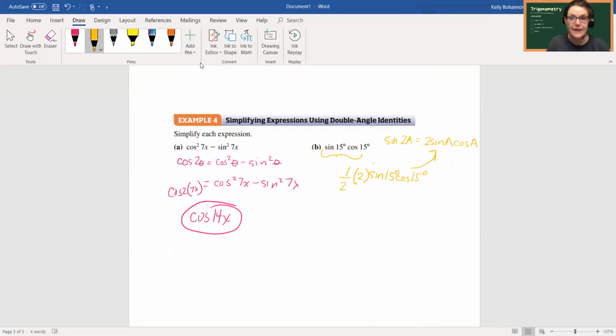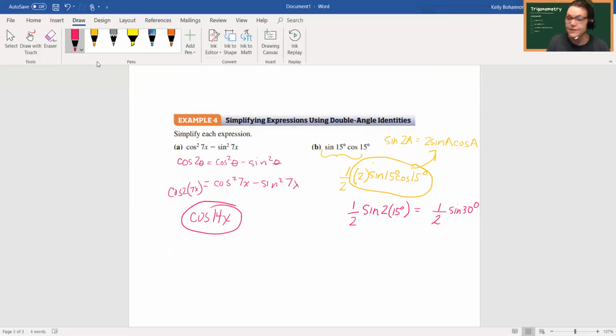So I could replace just this piece of it with sine 2a. Now I can't replace the 1/2, but I can replace the rest of it. So I'm going to leave the 1/2, and I'm replacing the 2 sine 15 cosine 15 with sine 2 times 15, which is 1/2 sine of 30.